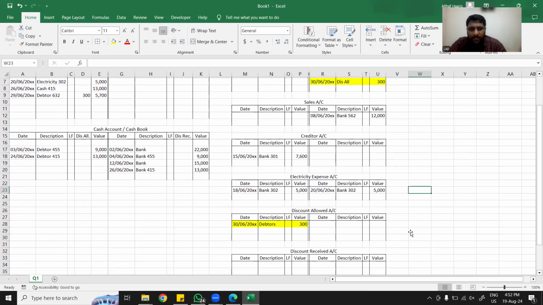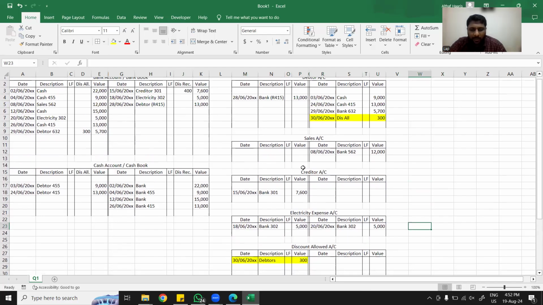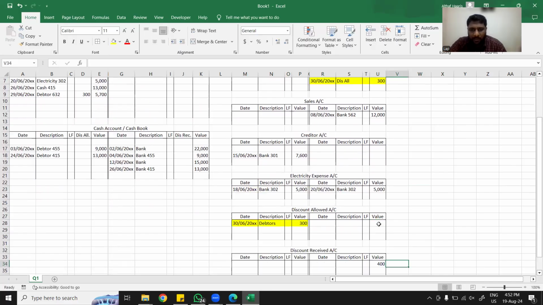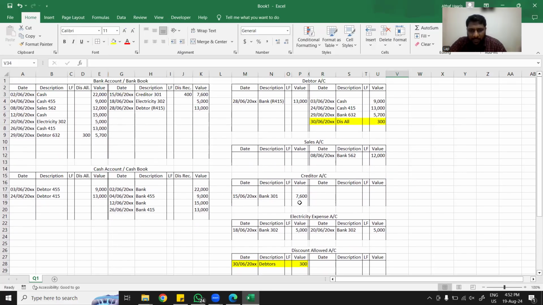Now let's record the discount received, 400. Discount received is an income. So credit 400. It will reduce the creditors. Debit 400. So now you can switch the names. Discount received.